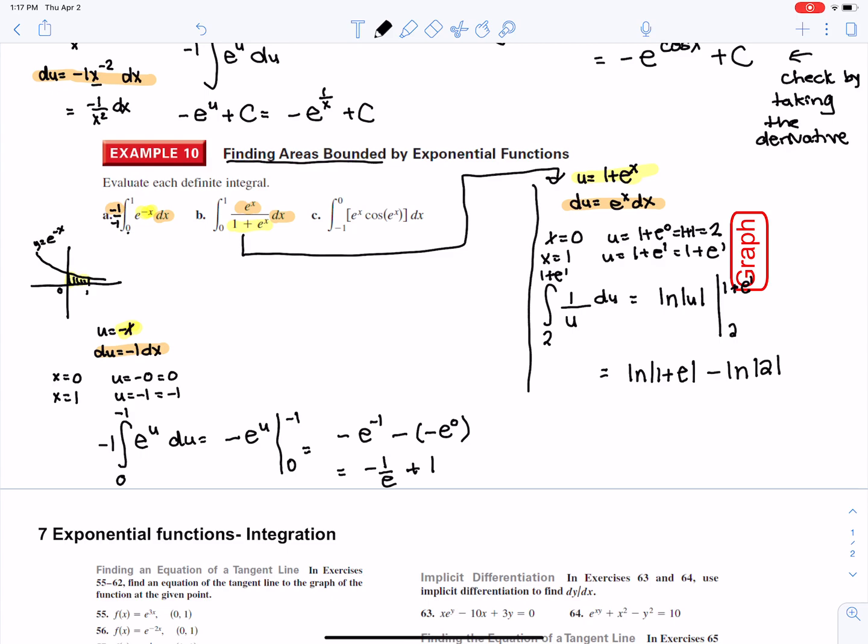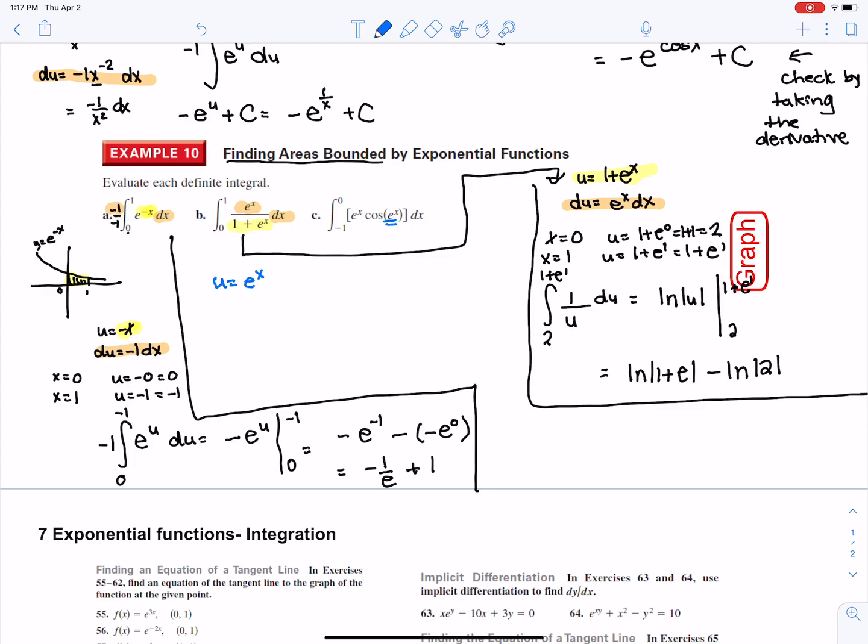I'm going to box this in before I do the last example so it doesn't cut in. Maybe I'll just put a little line there. And we can start working on that second example, and I'll do it in another color so in case it comes close by, you'll know that it's a different example. So for part C, we're going to let u equal e to the x, which is coming from this inner part here.